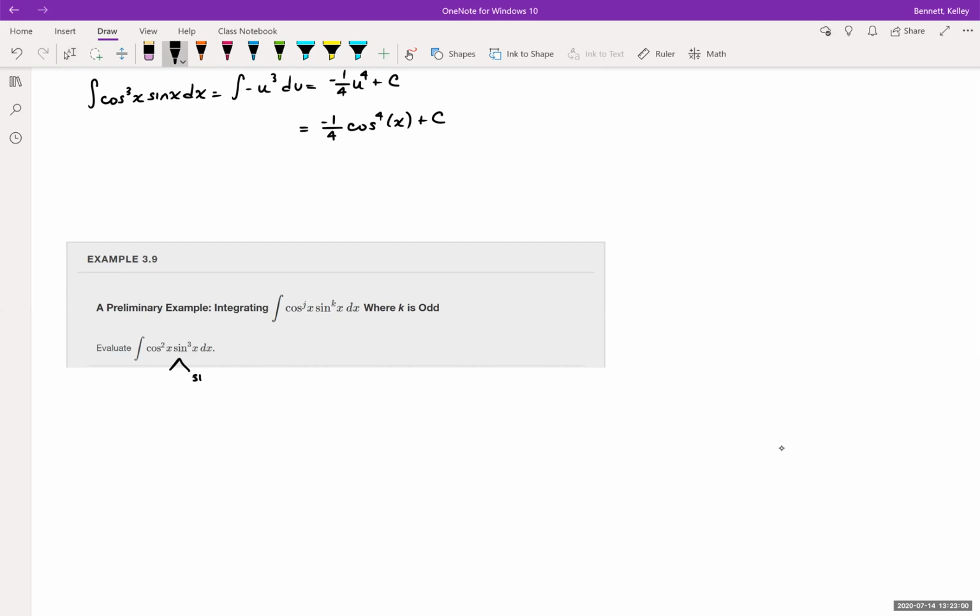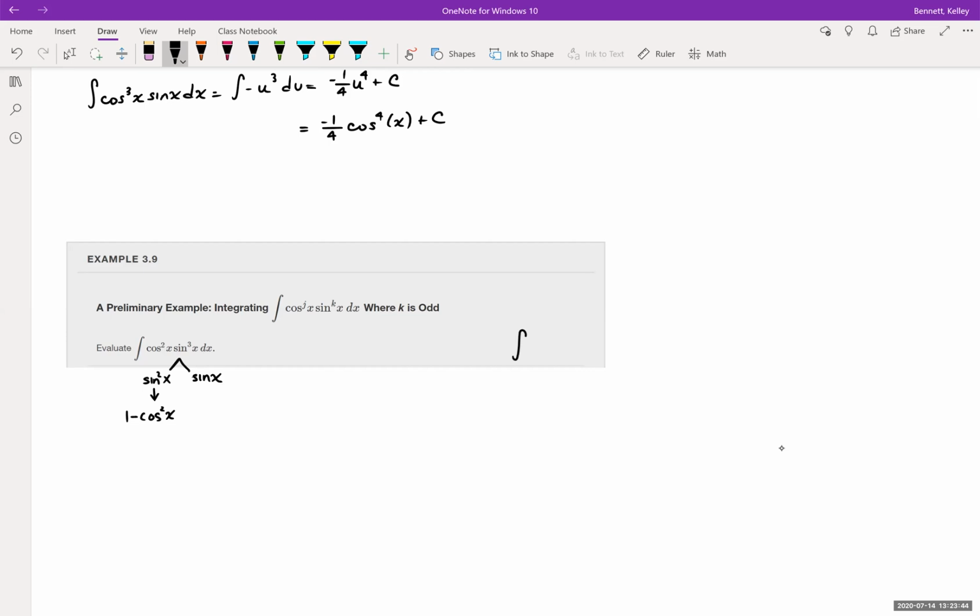I want to have a single sine x, and then a sine squared x. And the sine squared x becomes 1 minus cosine squared x. When you have an odd power of sine, the single sine x is what's going to facilitate getting your du. And since the power of sine is odd, everything left over will be an even power. And I can always write any even power of sine as 1 minus cosine squared.